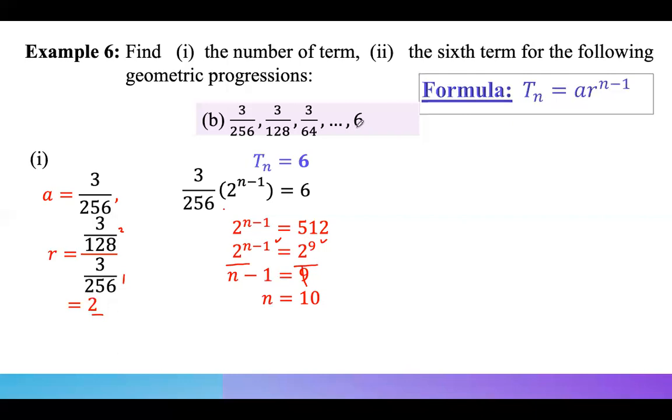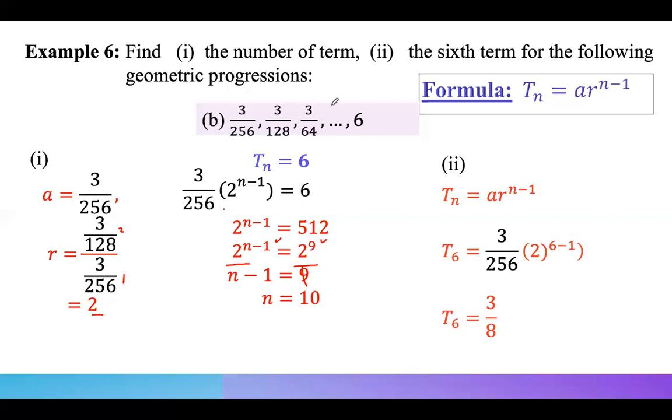The next question, we want to find the 6th term. Just apply the formula. Remember our A is 3 over 256 and our R is 2. So you just substitute in: Tn equals A R^(n-1). Substitute the value again, and you should get the 6th term is 3 over 8.